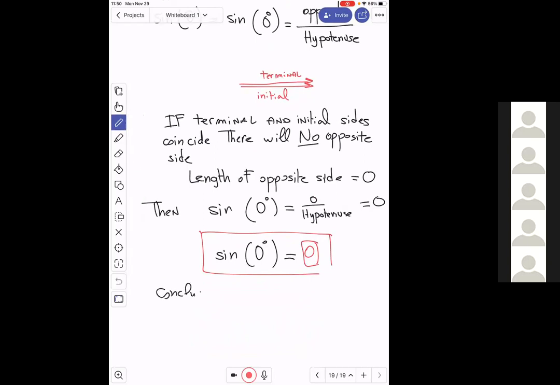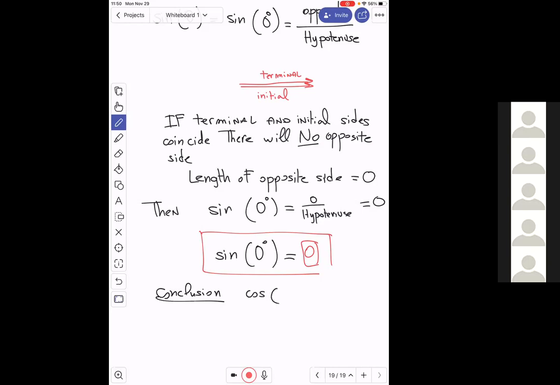So next time, we're going to try to compute sine and cosine of other special angles, like the cosine and sine of a right angle, or 30 degrees, 60 degrees, etc. So anyway, let me just write down here.